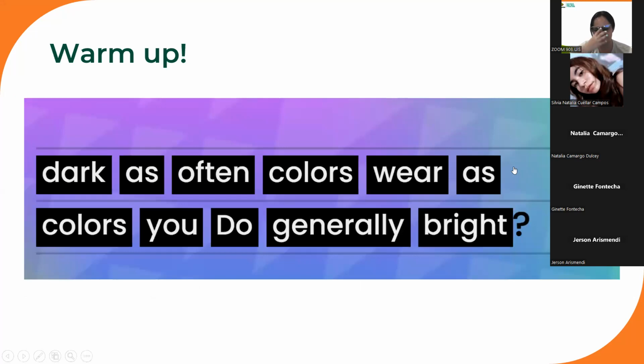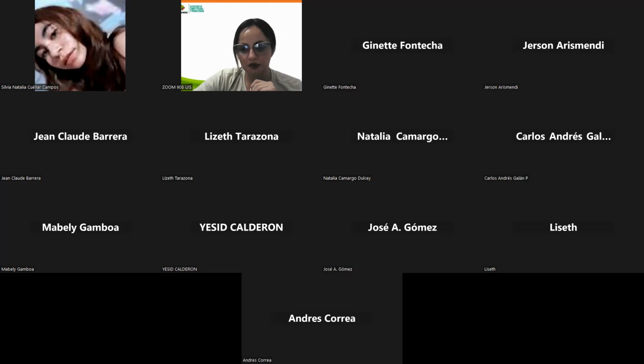Very simple. You are going to find 6 sentences, just 6 sentences. There are some sets of words that are not in order. So what you have to do is organize them in order to make complete sentences with the uses of as. You will find different combinations like as often as, as much as, as many as, okay?